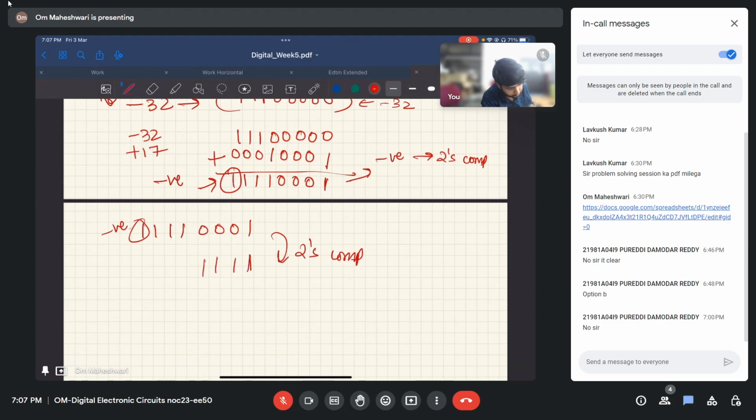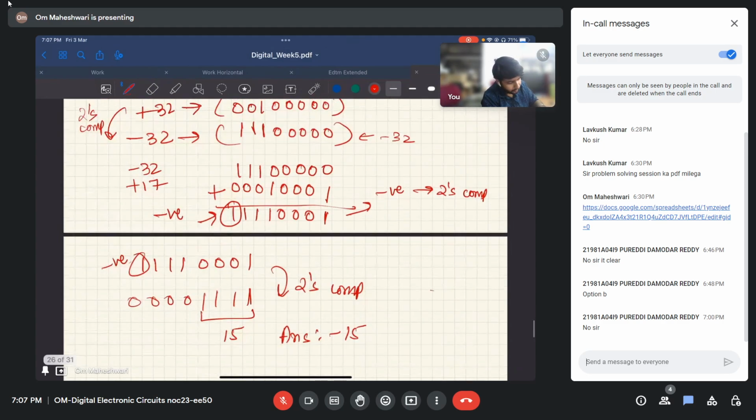This is 15. So the answer is minus 15. And we could solve it directly also: minus 32 plus 17 is also minus 15.